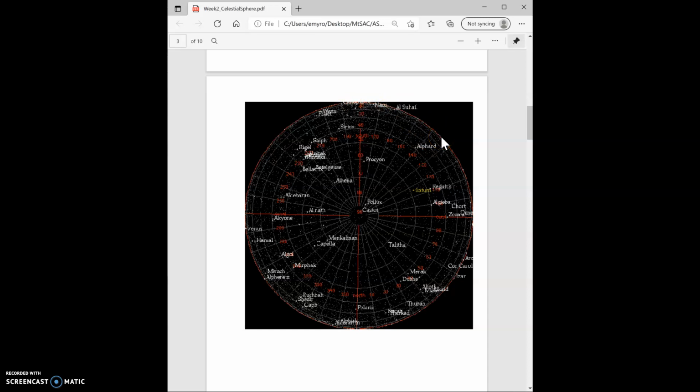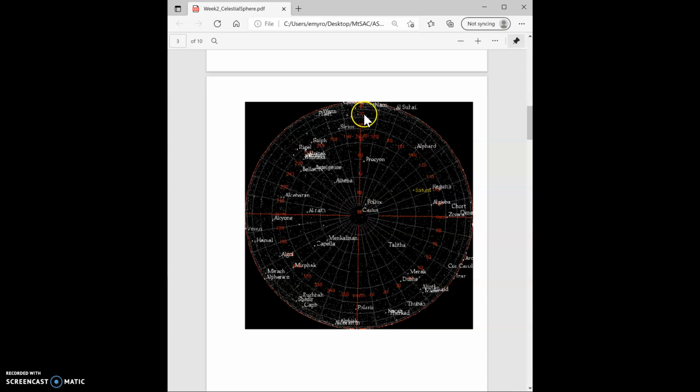So if we talk about the altitude, it starts at 0 at the horizon up to 90 degrees at the center of the map, which represents your zenith. So really make the correlation: the middle of the map is what you will see directly overhead, and as you go toward the side of the map, you're looking closer and closer to the horizon.